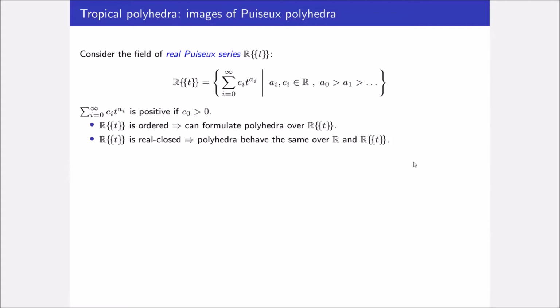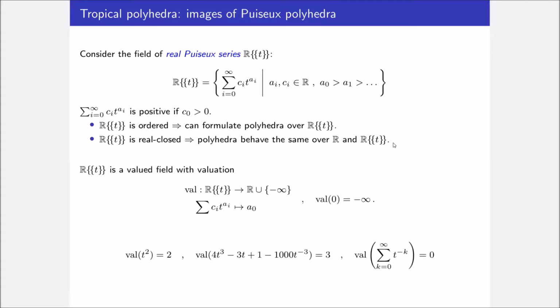In particular, we can think of this t as a variable that we can substitute another real number into, and so we can genuinely get some real polyhedra out just by this substitution. So we can formulate polyhedra over this field perfectly fine. How does this connect to tropical polyhedra?